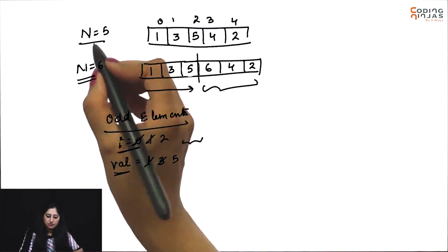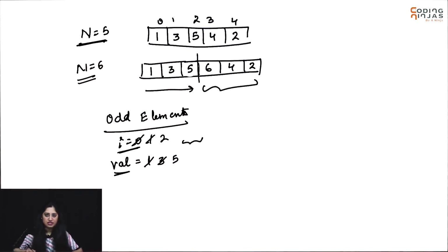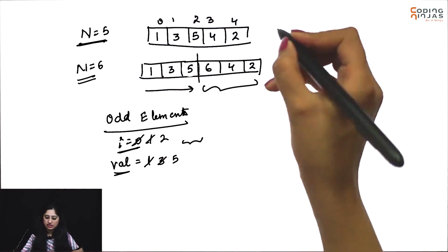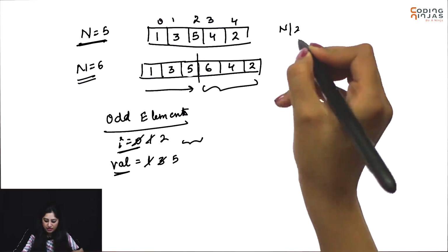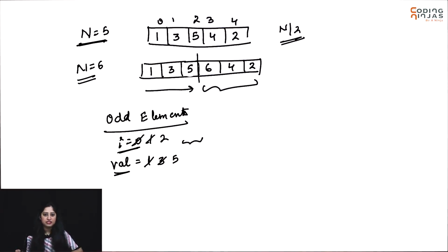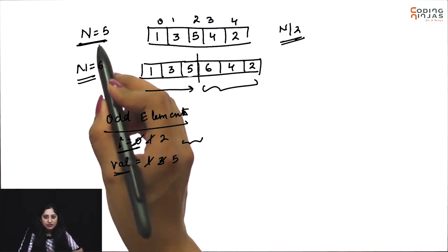So if you see, if n is 5, then there are 3 odd elements, 2 even elements. If n is 6, the count of even and odd is equal, right? They're both 3. So how to decide? Shall I write n by 2 here, n by 2 odd elements and n by 2 even elements, or which index should I go to? So should it be n by 2 here?